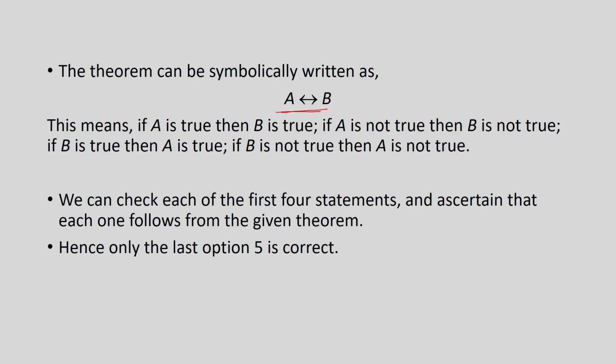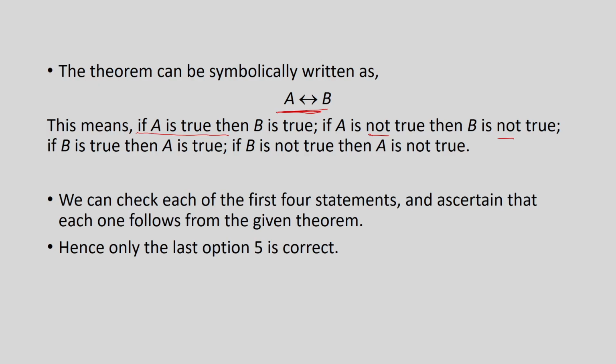And if we have something like this, A if and only if B, then actually it means the following: if A is true, then B is true. That is, A is a sufficient condition for B. If A is not true, B is not true. That is, A is a necessary condition for B. At the same time, if B is true, A is true.